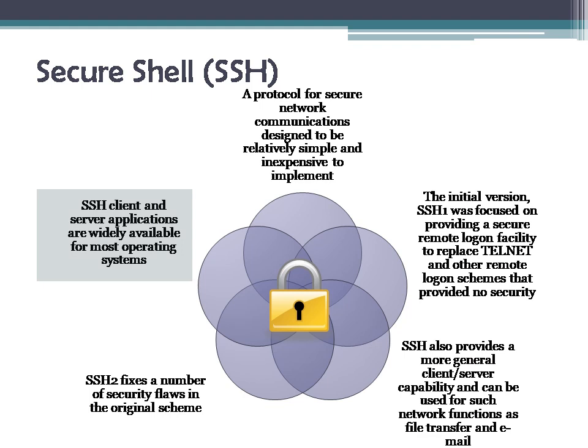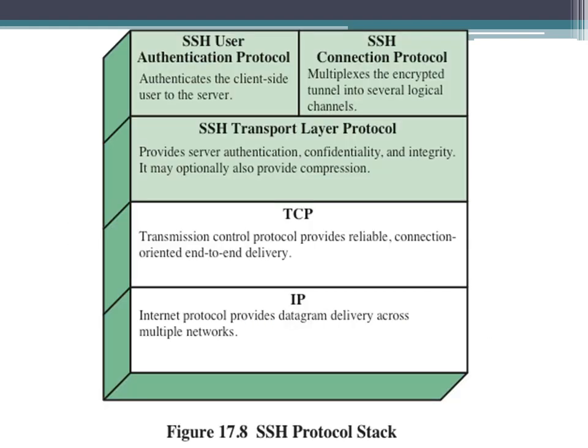Next, SSH client and server applications are widely available for most operating systems, and it has become the method of choice for remote login and tunneling, and is rapidly becoming one of the most pervasive applications for encryption technology outside of embedded systems. So this was a brief introduction to SSH, or the Secure Shell Protocol.